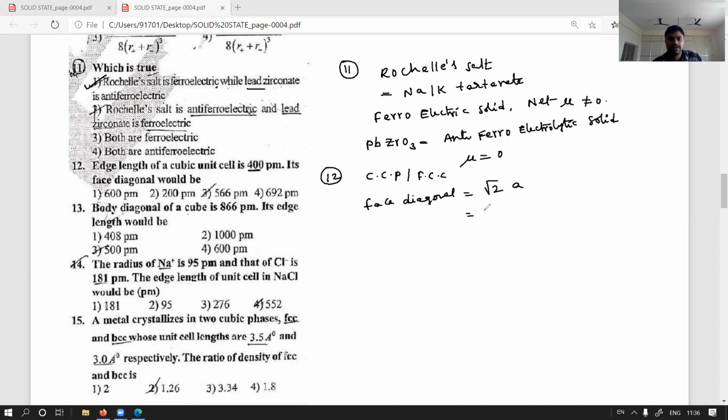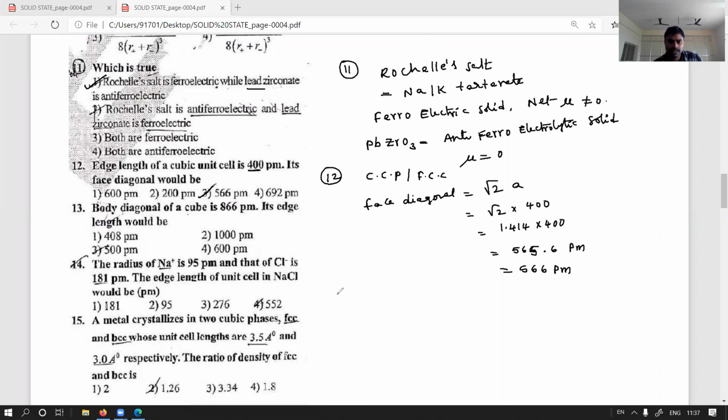Okay, a value they gave is 400 picometers, so root 2 into 400, where root 2 value is 1.414, into 400 is approximately 566 picometers, or 565.6 picometers, which is nothing but 566 picometers. So the third option is correct.